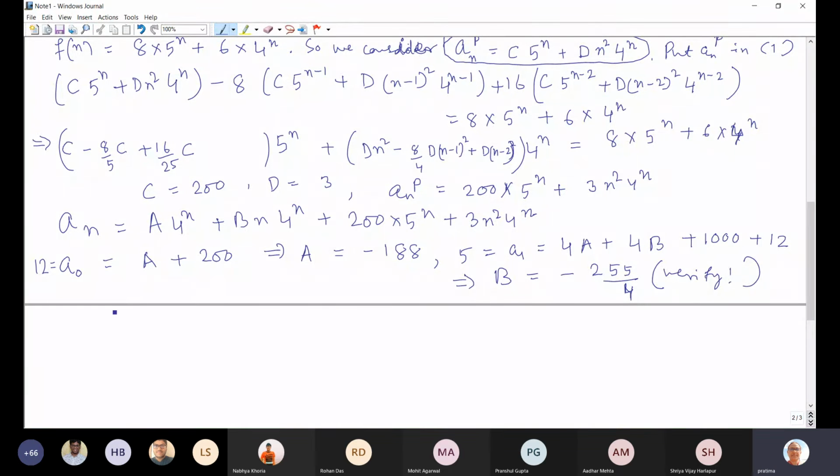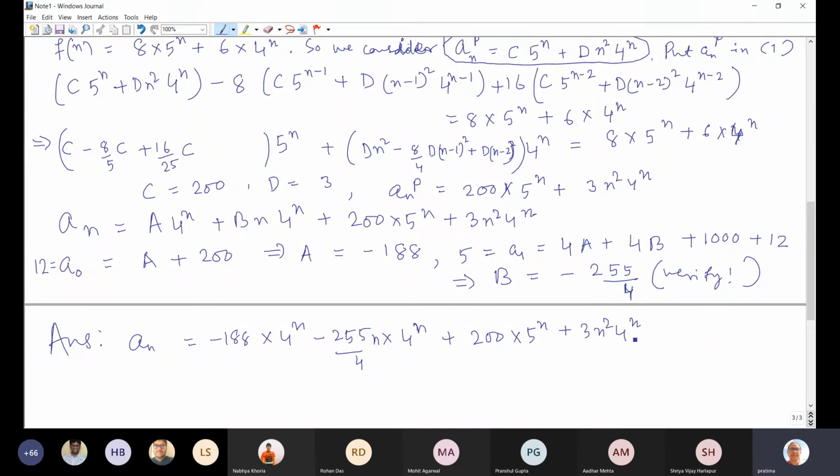now we get our final answer, and all these values you have to substitute. That A is minus 188 into 4 to the power n, and B you are saying is 255 by 4, into n into 4 to the power n, and the rest we have already: 200 into 5 to the power n plus 3n square 4 to the power n.